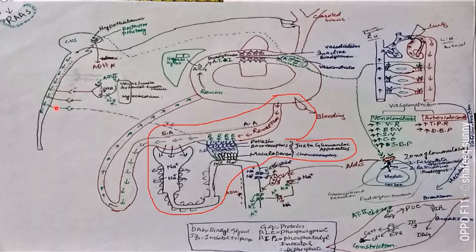This sympathetic outflow goes out through the preganglionic sympathetic and postganglionic sympathetic neurons. These are the preganglionic and these are the postganglionic sympathetic neurons.